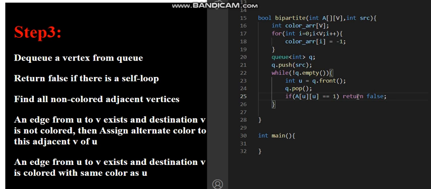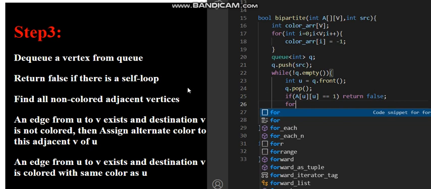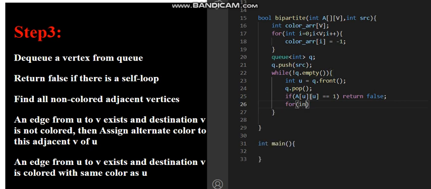Now find all non-colored adjacent vertices. For that, we'll write one for loop. I will write it. Now I wrote the for loop to check all the non-colored adjacent vertices. For that we can write A of u of v.